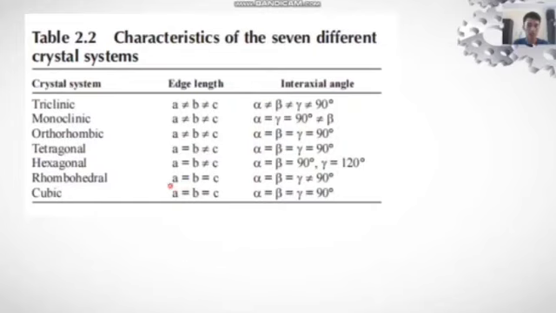Rhombohedral: a equals b equals c, and alpha equals beta equals gamma is not equal to 90 degrees. Cubic: a equals b equals c, and alpha equals beta equals gamma equals 90 degrees.